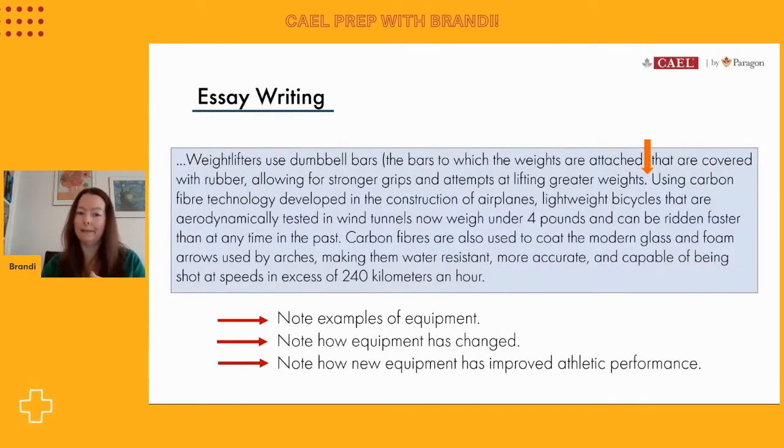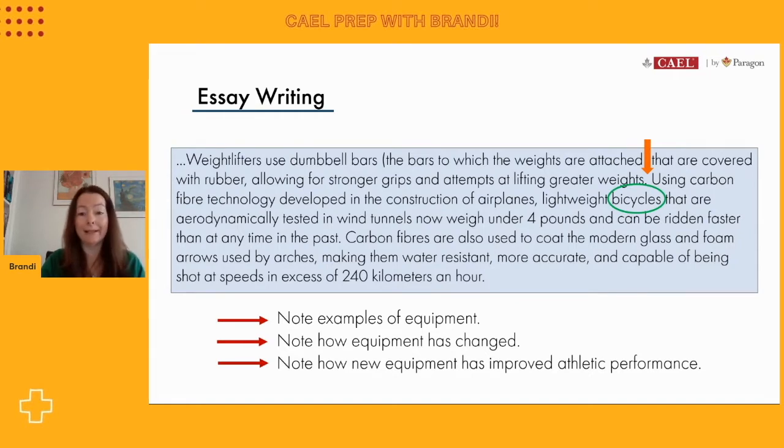So let's keep reading. So this is where we've left off, where that orange arrow is. It says, using carbon fiber technology developed in the construction of airplanes, lightweight bicycles, so this is the equipment, I guess, that are aerodynamically tested in wind tunnels, now weigh under 4 pounds and can be ridden faster than at any time in the past.